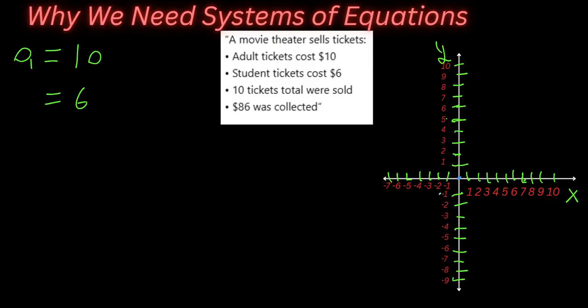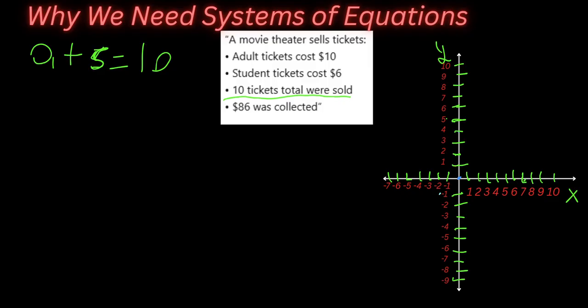Let's actually define the variables differently. Let's say it this way. We know that A plus S equals 10 because we have 10 tickets sold. And A is the number of adult tickets sold, S is the number of student tickets sold.